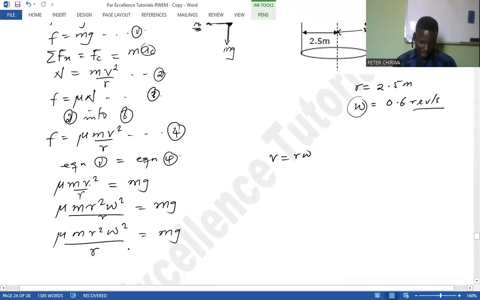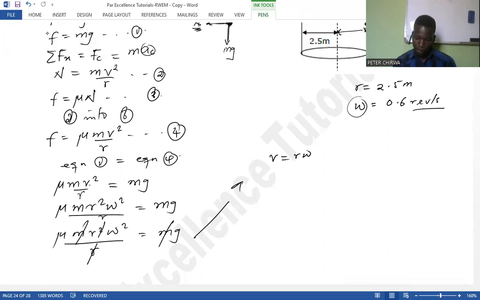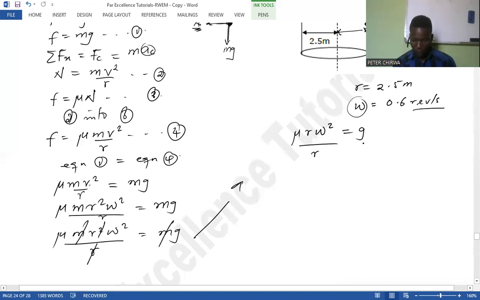So r and r goes, m here and the m there goes. What do we have? We have mu omega squared r being equal to g. So I divide both sides by that.